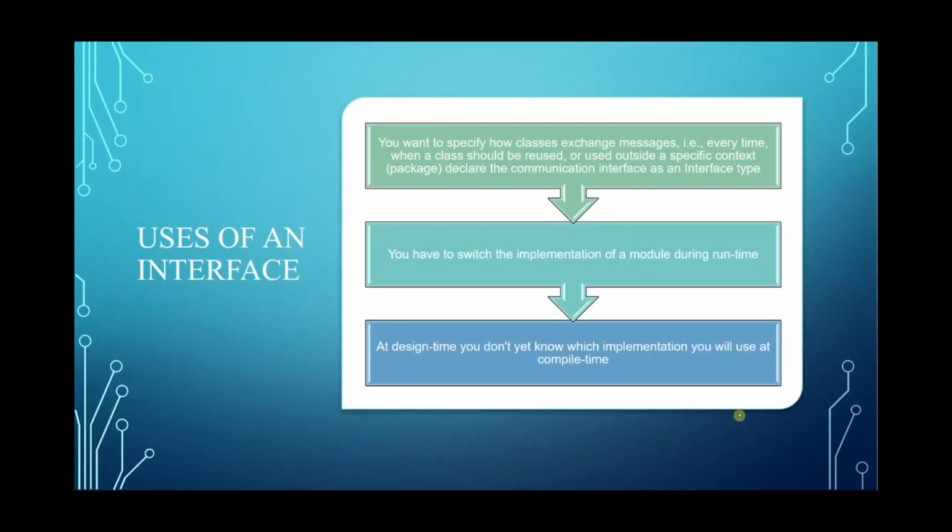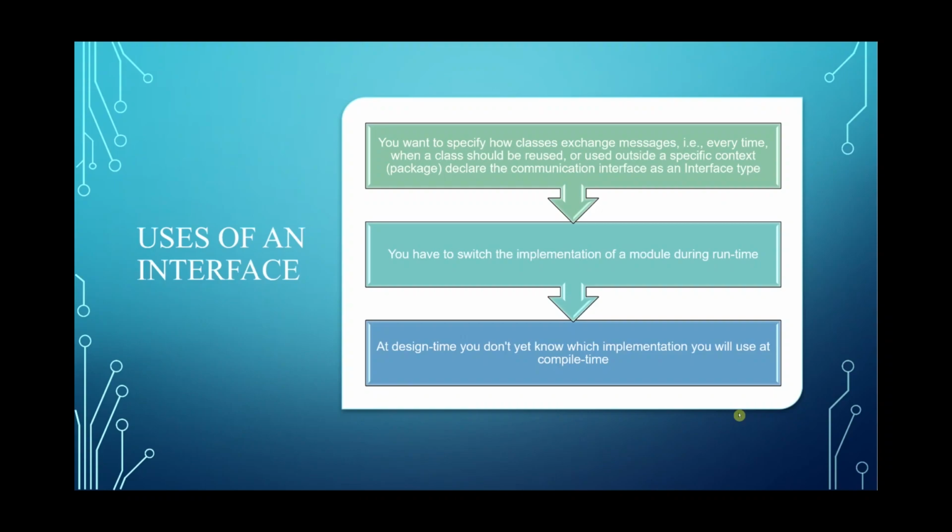So, uses of an interface: if you want to specify how classes exchange messages. For example, every time a class should be reused or used outside a specific context, a specific package, declare the communication interface as an interface type. You would use it as an interface type because they're not related and they're in different packages.